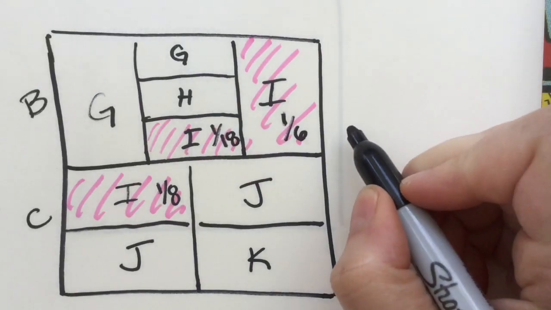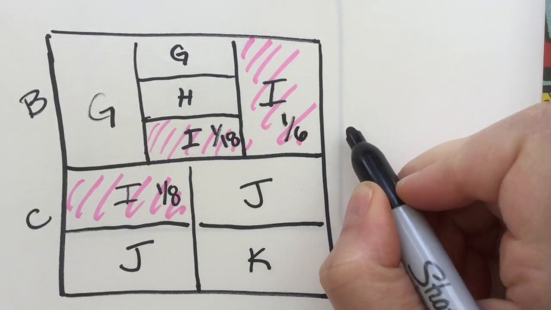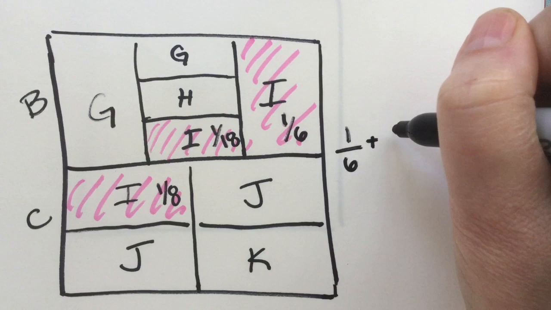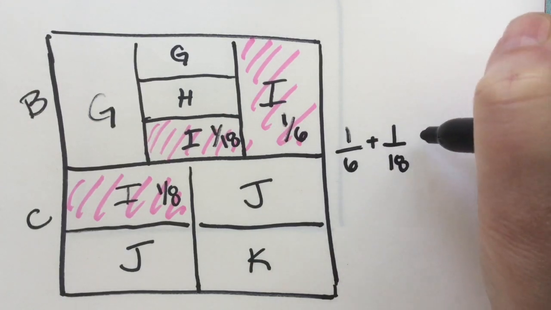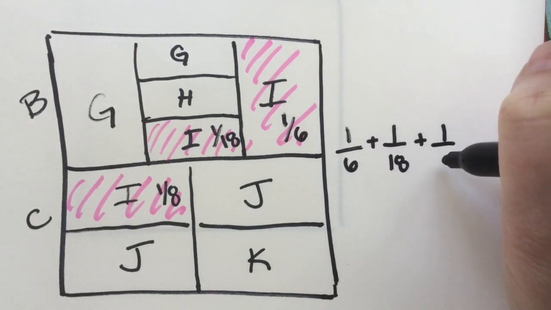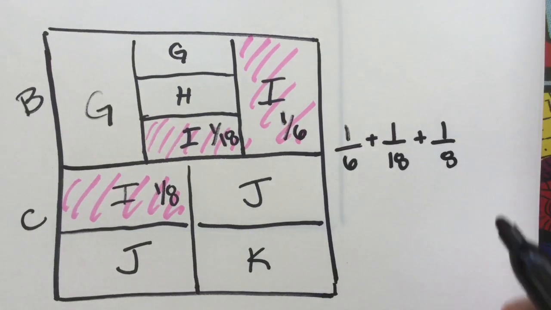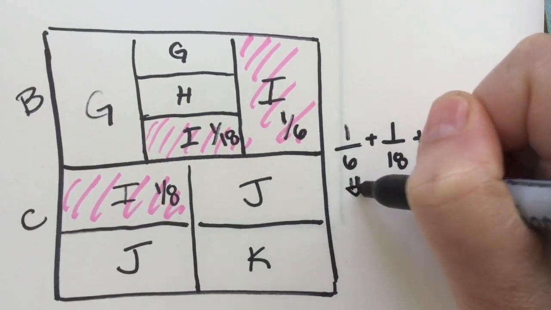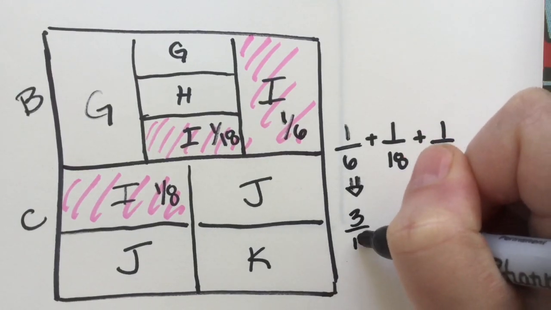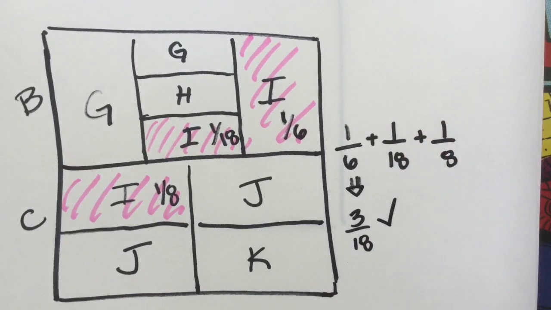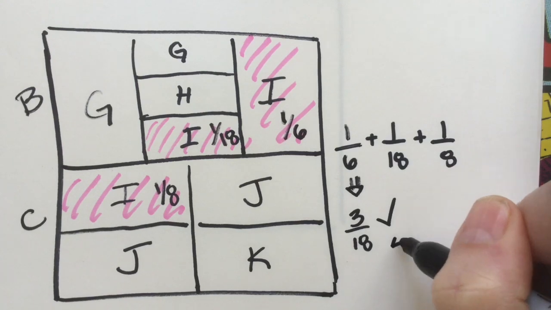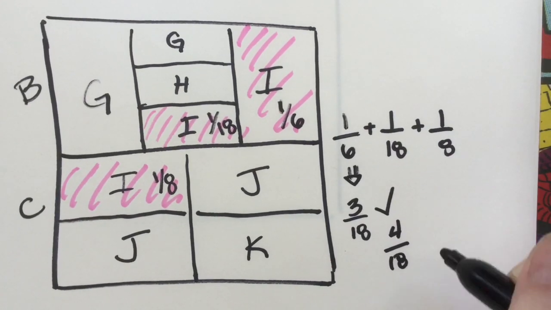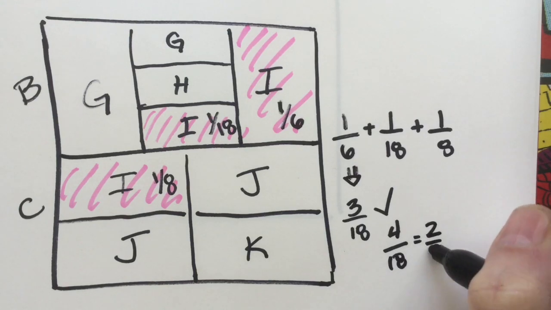For the total probability of ending up at point I, we take 1/6, add 1/18, and then 1/8. 1/6 is the same as 3/18. So when I add those two together, that would give me 4/18 or 2/9.